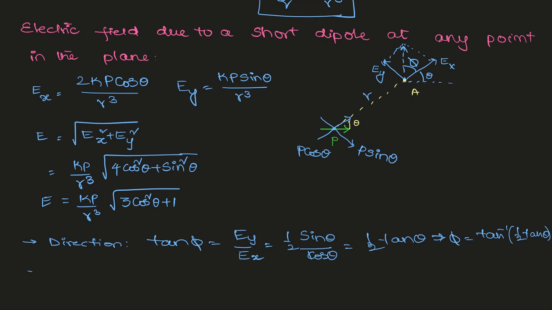Now they may ask you the angle with the dipole. That will definitely be theta plus phi, because the dipole is directed along the positive x-axis. This kind of question you can expect based on the field due to a short dipole at any point in the plane.